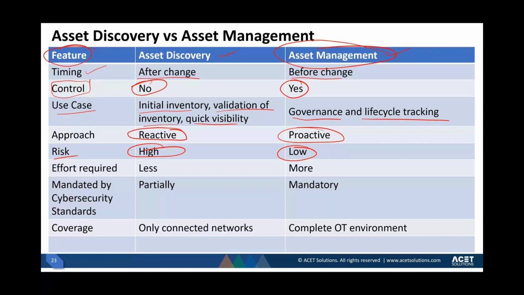From an efforts required perspective, definitely asset discovery requires less effort because you just install the discovery tool and you configure it to scan the network every 1 hour, 1 day, or whenever, and it automatically, in most cases, gives you what it sees on the network. In case of asset management, there is a lot of manual process.